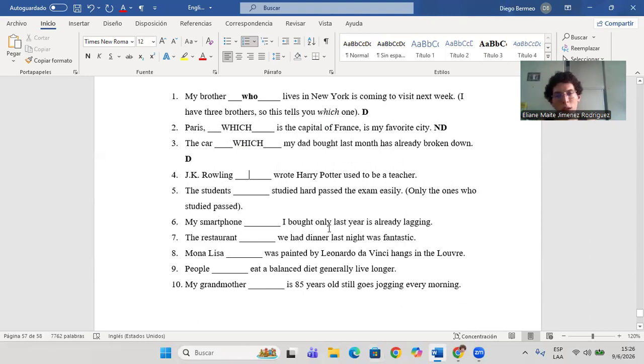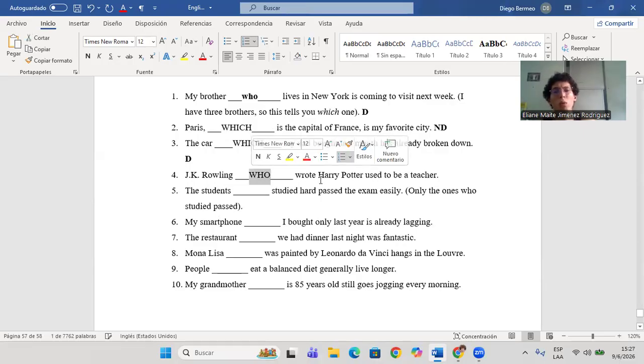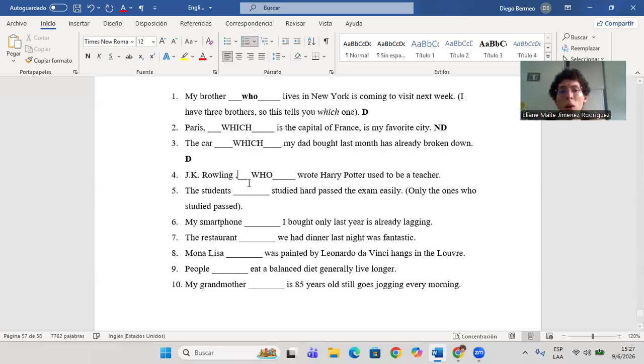J.K. Rowling, who wrote Harry Potter, used to be a teacher. If it is already known that she's the writer of Harry Potter, then we can add commas.